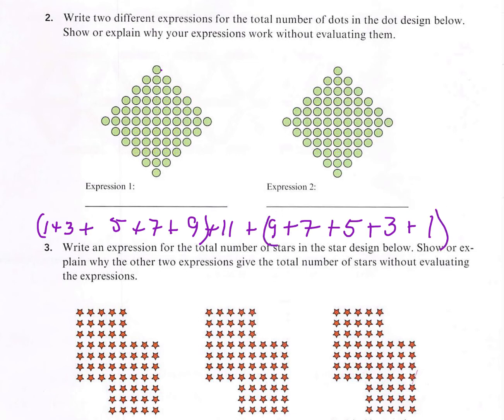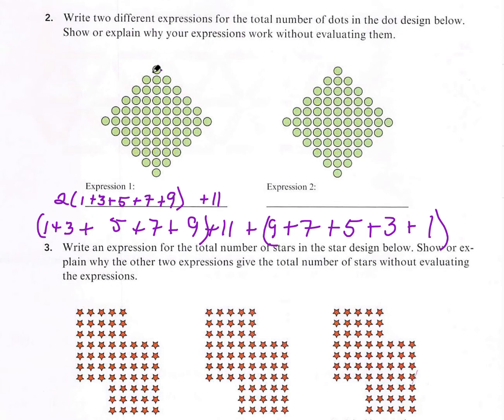I could write an expression that's 2 times 1 plus 3 plus 5 plus 7 plus 9, and then plus 11. And then I would have to justify where I'm getting that.